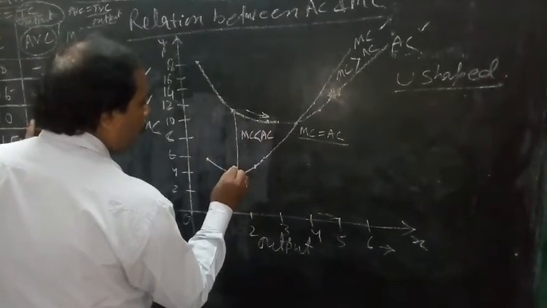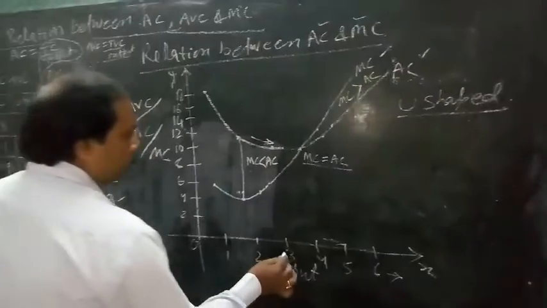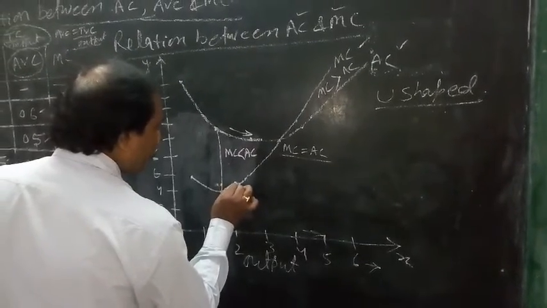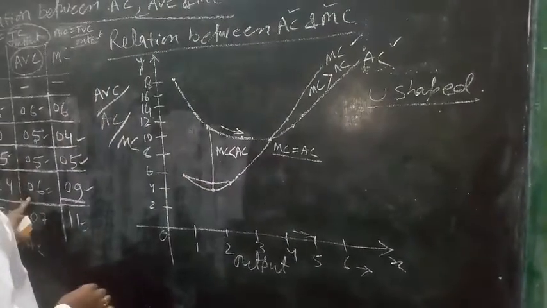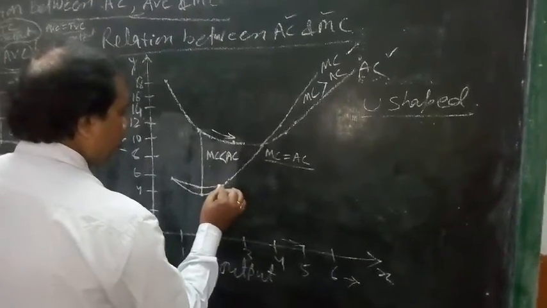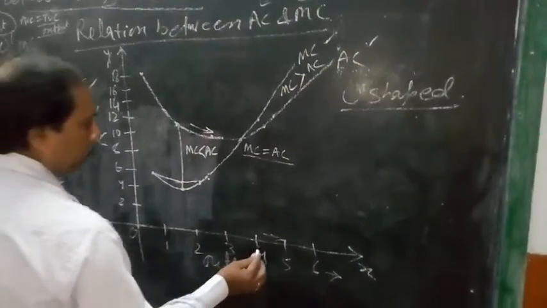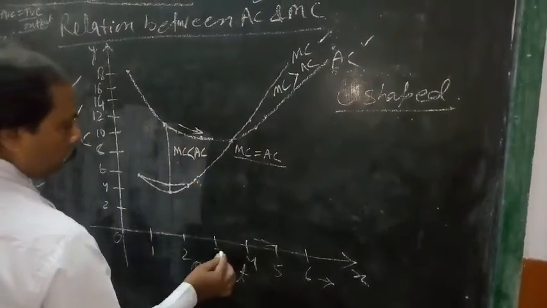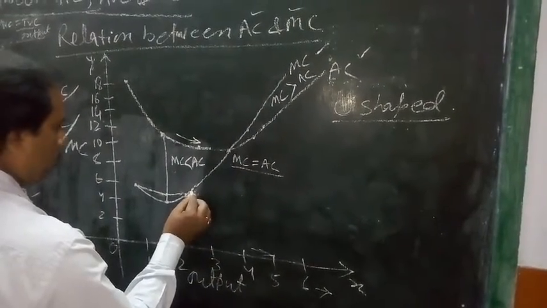So suppose this is the 5. Again on the third unit it is 5.